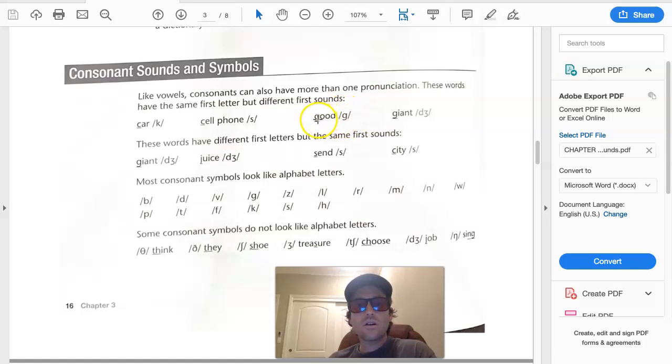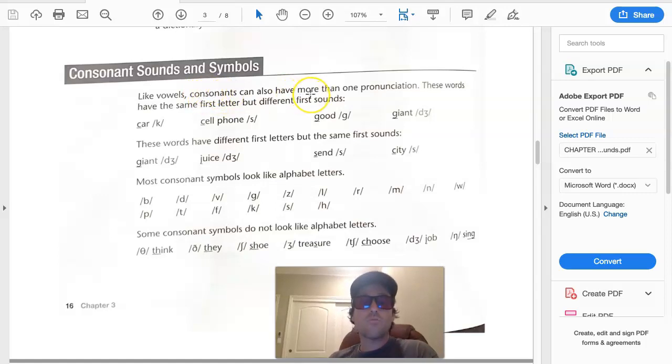Good, G sound. Giant has what we would consider to be a J sound. So like vowels, consonants, B, C, D, F, G, H, those are all consonants.